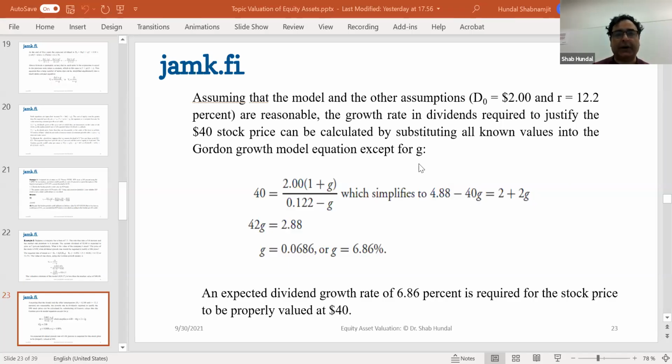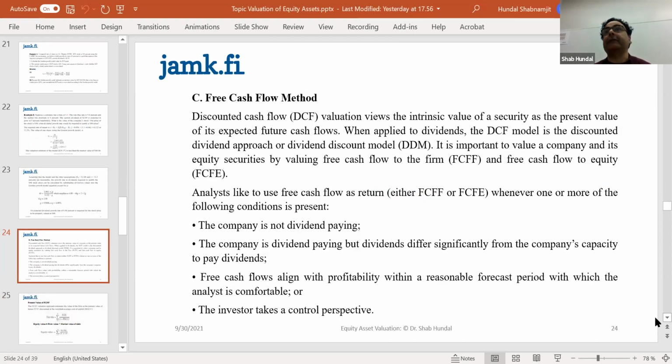Where are the slides? Yeah. And then I quickly take you now, I think you know what I have been doing on and off, to the free cash flow method. Some researchers have a problem with this word dividend.